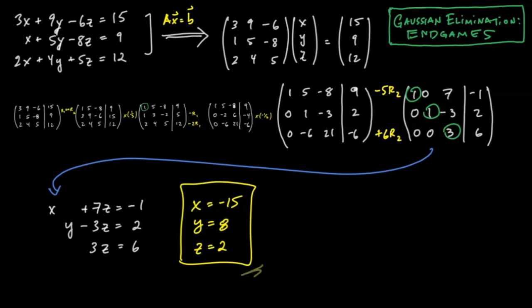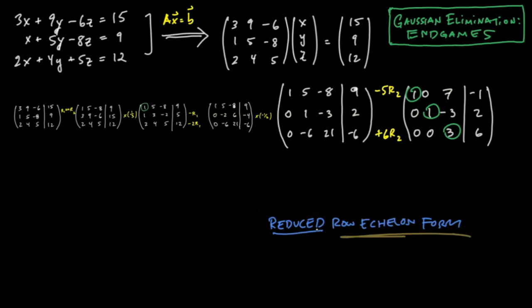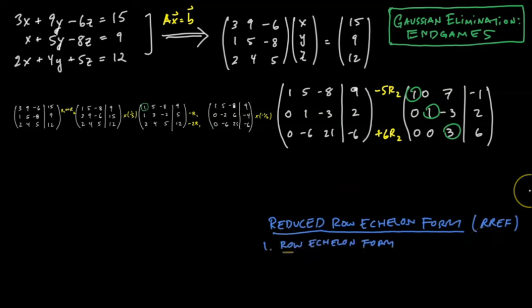However, we could have reached this by a slightly different path if we did not stop at mere row echelon form and instead pushed on to reduced row echelon form. For a matrix to be in reduced row echelon form, or RREF as we often abbreviate it, a few things have to happen. 1, it has to be in row echelon form, not surprisingly since row echelon form is part of the name.